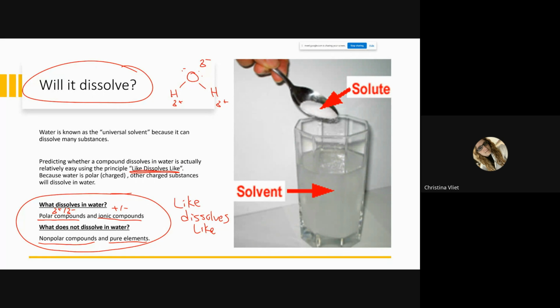Like in our body, which is almost three-quarters water. Everything, like the cells, is in a bunch of water. That's why we're going to talk about water most of the time. So make sure you're writing down what dissolves in water: polar compounds.